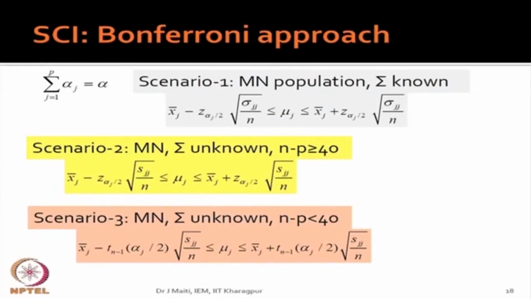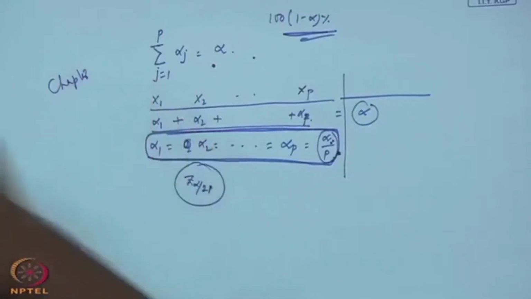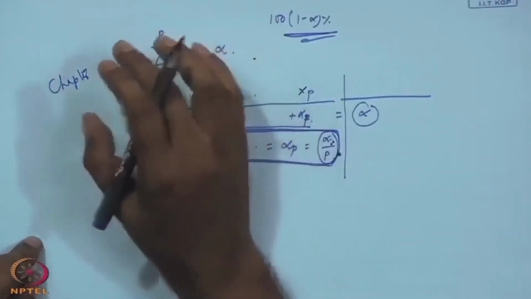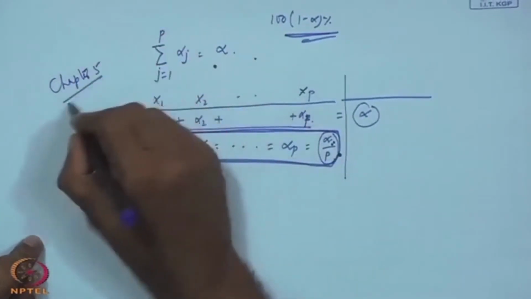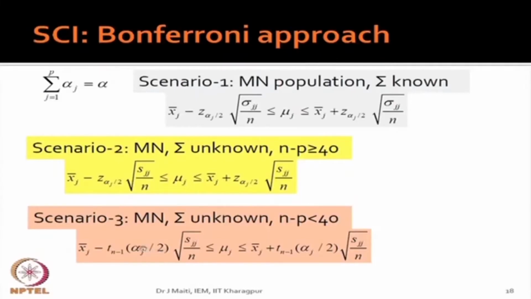Okay. So, my request to you is that you please go through chapter 5 of Johnson and Wichern and see this derivation as well as whatever explanation is given there. If there is any problem, please report to me. Okay.